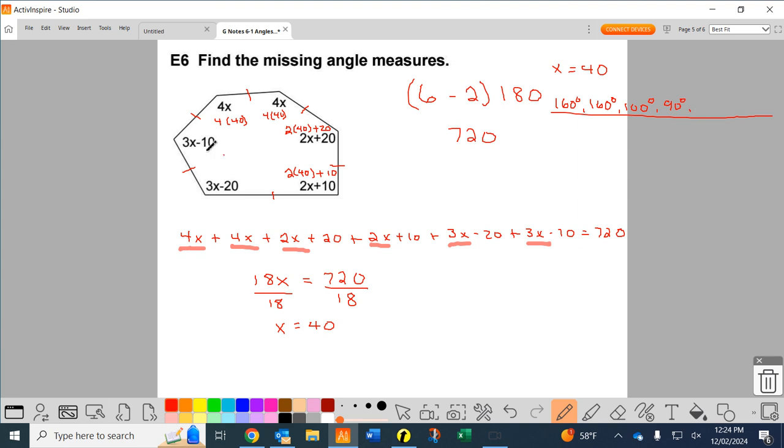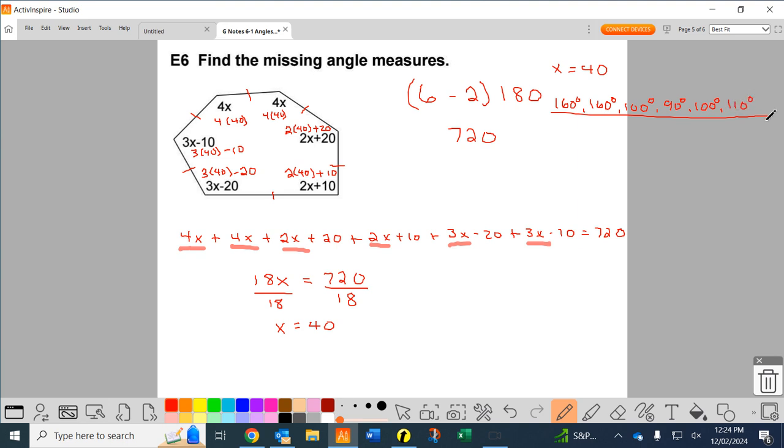The next one is 3 times 40 minus 20. What was that one? 100. And the last one is 3 times 40 minus 10. 110. There you go. There's your 6 angles.